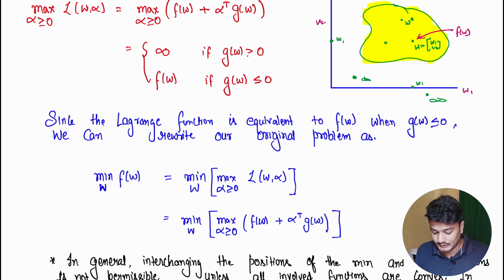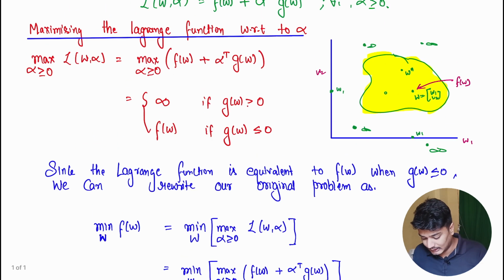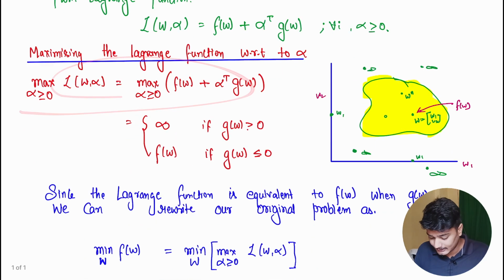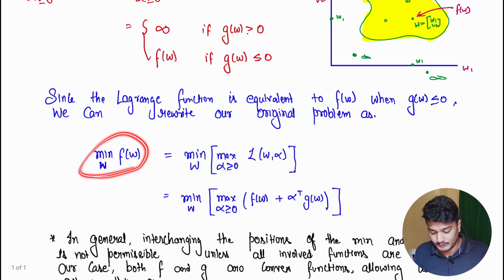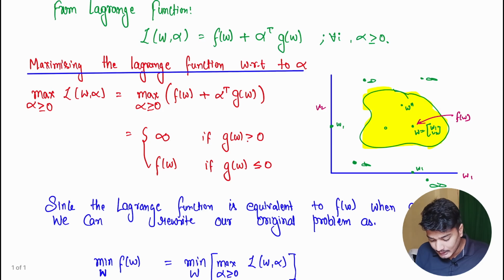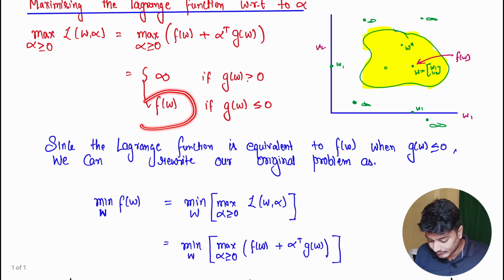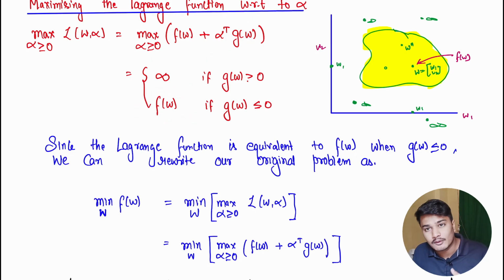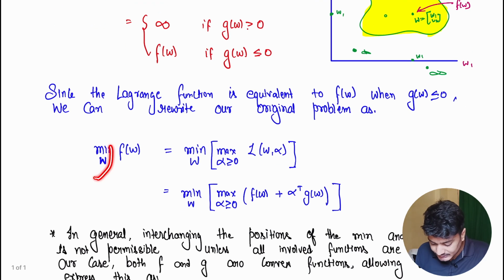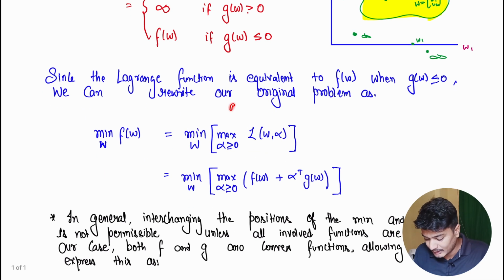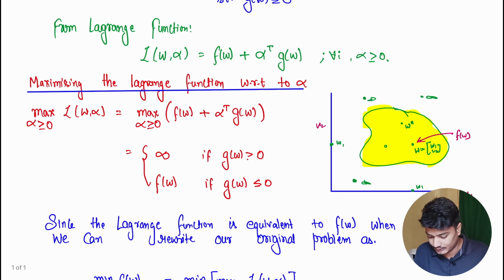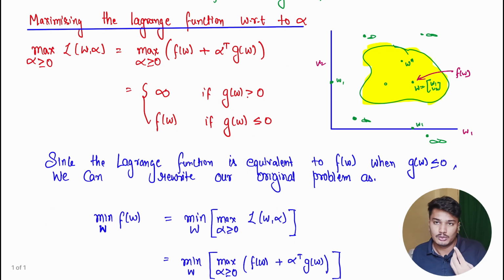Since the Lagrange function is equivalent to f(w) when g(w) is less than or equal to 0, we can rewrite the original problem. Maximizing over alpha means we can write the function as this value. So minimizing over w of f(w) equals minimizing over w of the maximum over alpha greater than or equal to 0 of the Lagrange function, because we want to get that w.